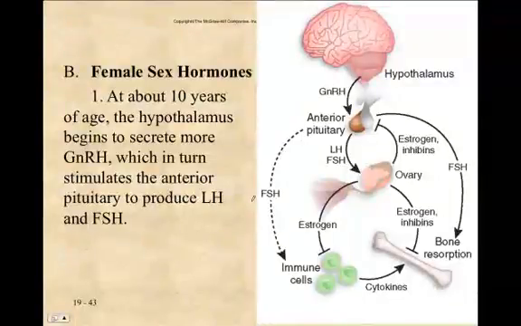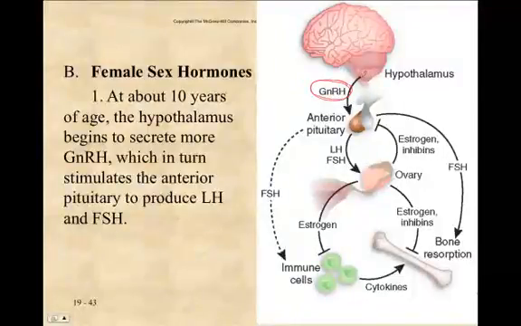So, at about age 10, the hypothalamus is going to start to secrete gonadotropin-releasing hormone. Remember that? It's the same hormone that we saw when we talked about the male reproductive anatomy.